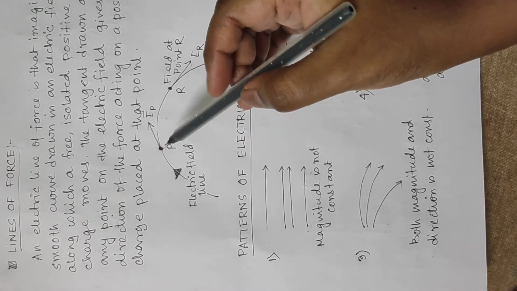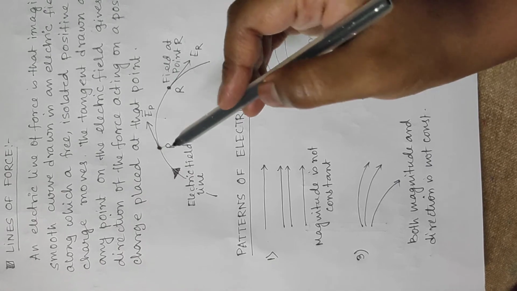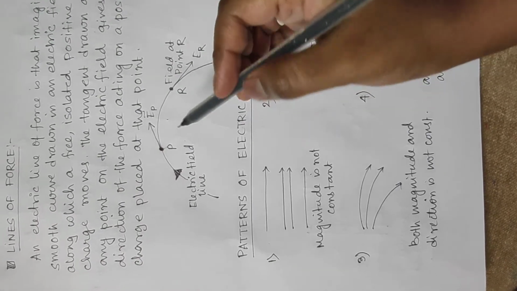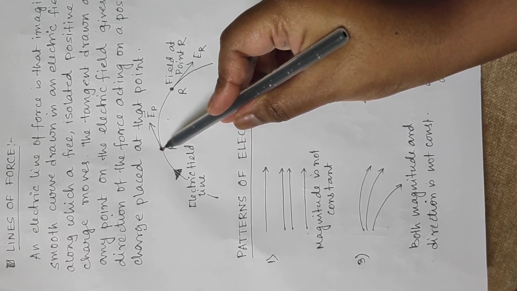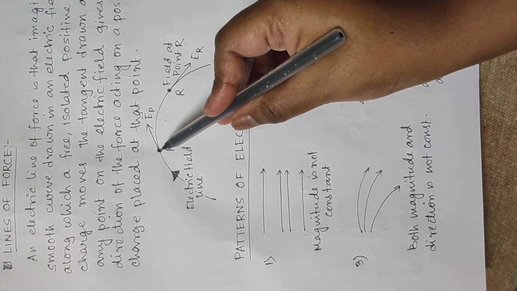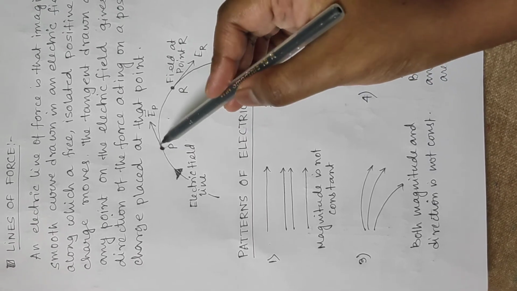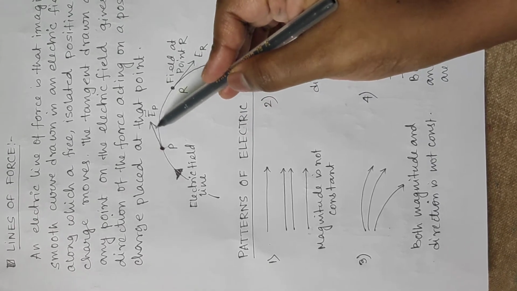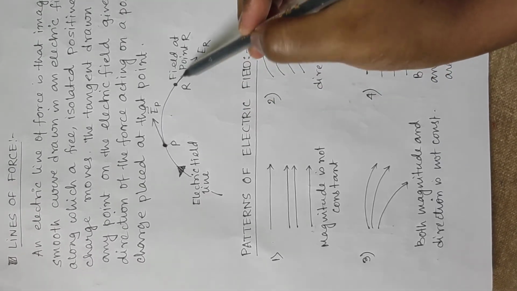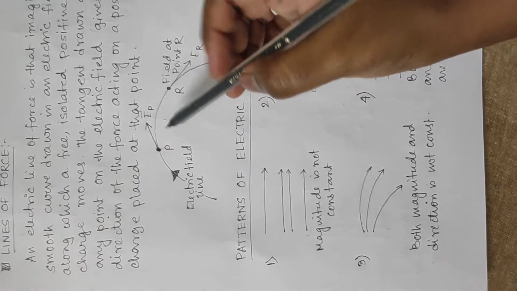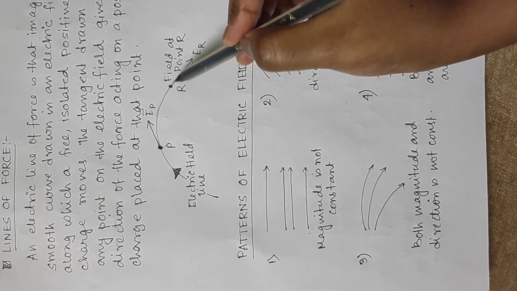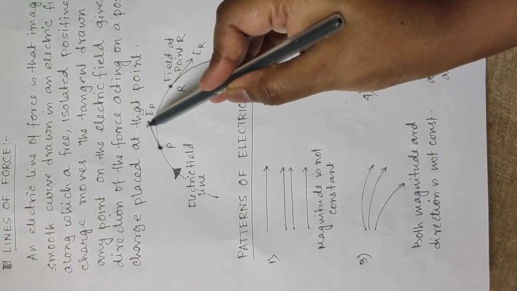Now we need to find in which direction the electric field is. If we take a point P and want to know the direction of the electric field at point P, we simply have to draw a tangent to that line in the direction of the motion of the charge, not opposite to the motion of the charge. Suppose the charge is moving in this direction, so the tangent will be in this direction.